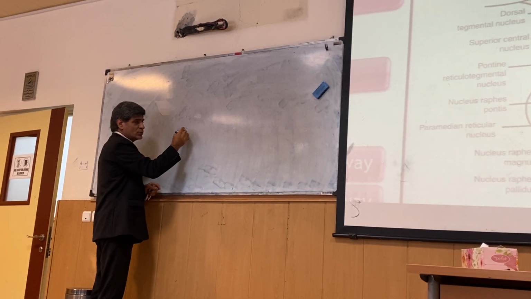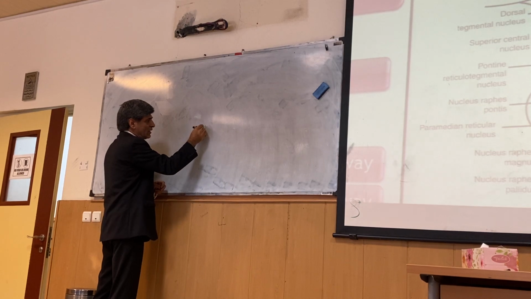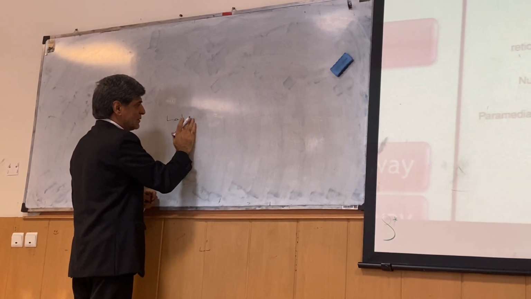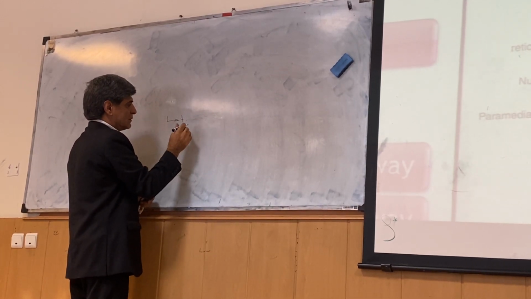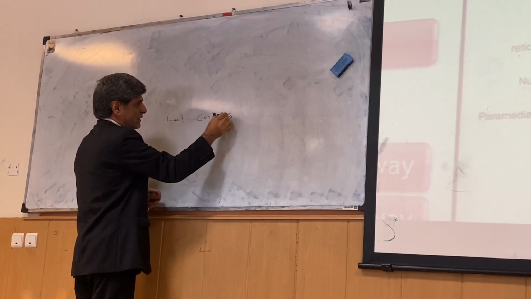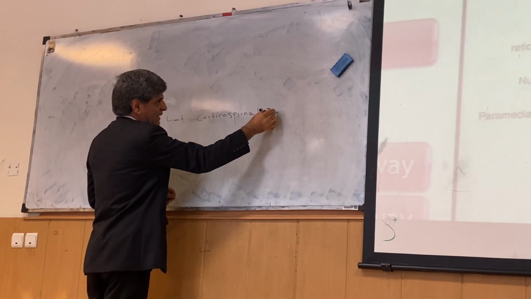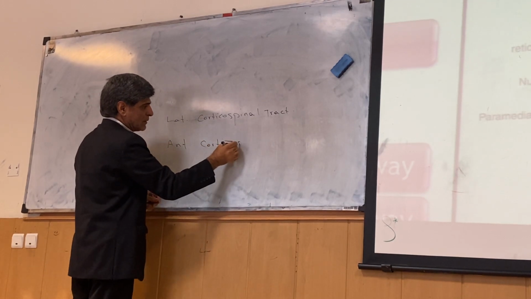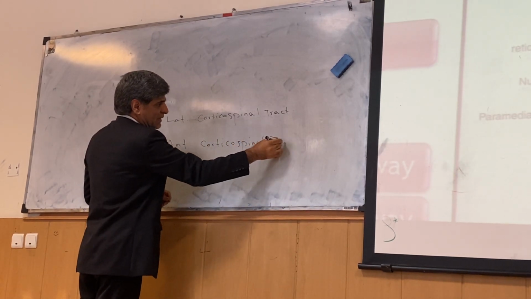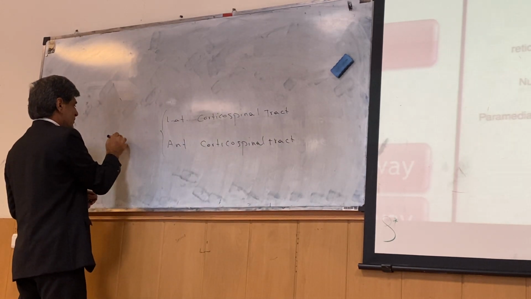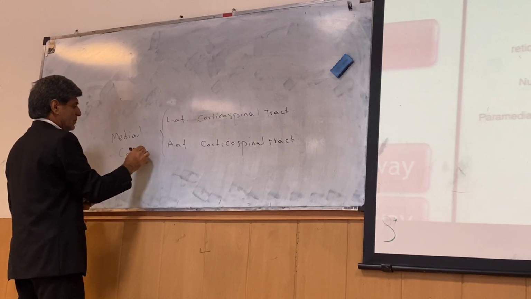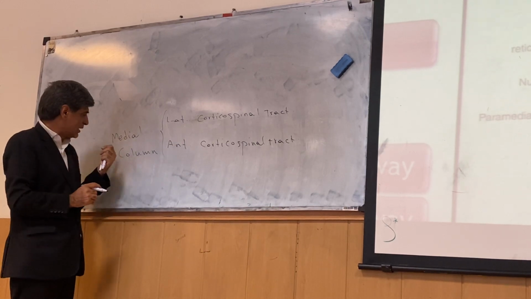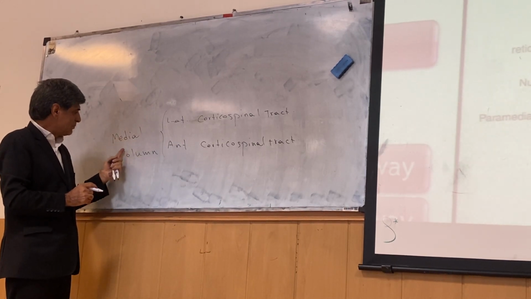And another part. Medial column contains two tracts: lateral corticospinal tract and anterior corticospinal tract, origin from neuron of medial column.